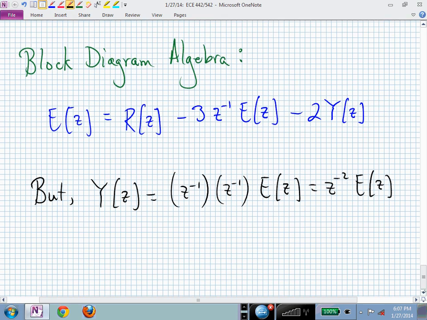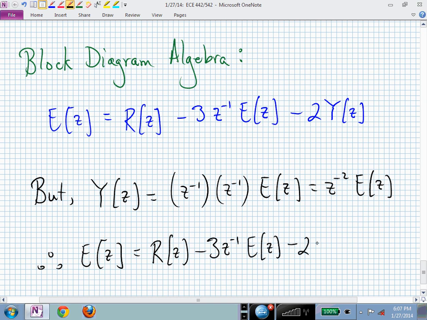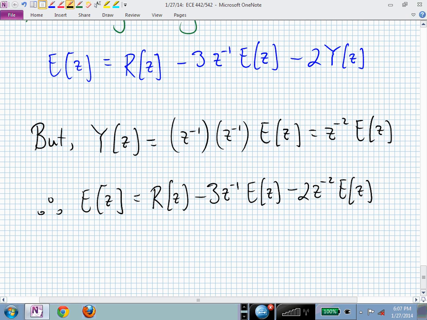And that's what I'm going to use to get rid of y, and now I have one equation that only contains E's and r's, and I can solve that for E. E of z is then this R of z minus 3z to the minus 1 E of z minus 2 z to the minus 2 E of z. Are we okay with where that came from? And now we just have E's and r's.